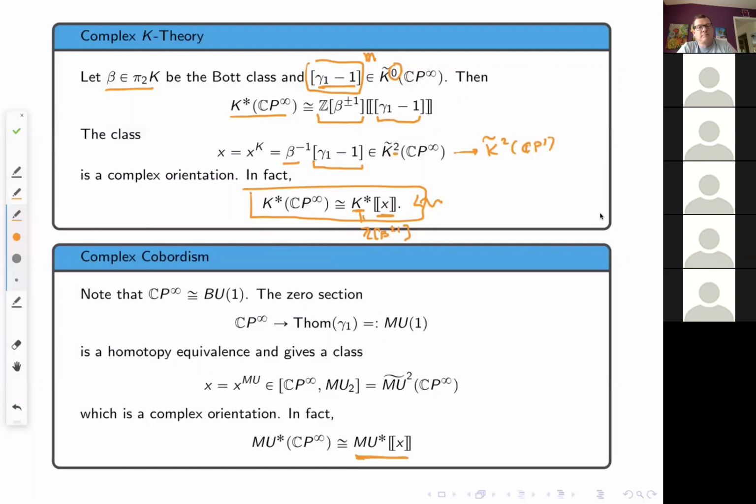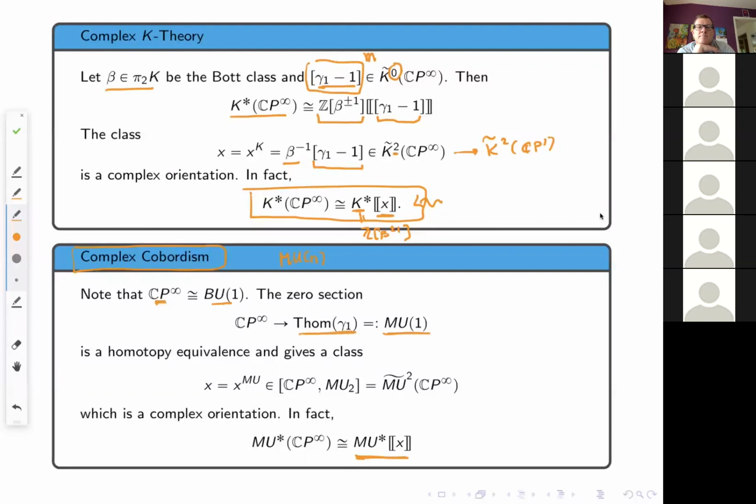So now, CP infinity, another name for it is BU1, or BS1. And remember we constructed the complex cobordism spectrum using the spaces MUN, which were the Thom space of the tautological bundle on BUN. So I take gamma 1, the tautological bundle, and I take the Thom space on gamma 1.